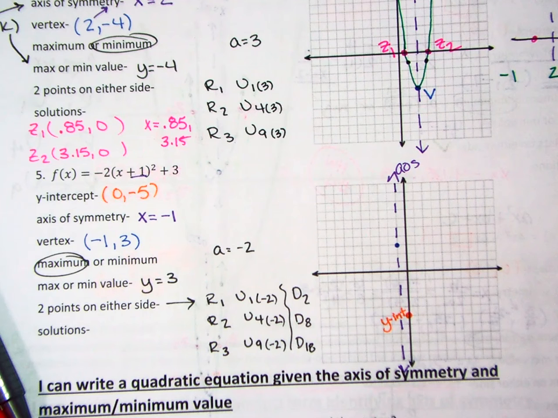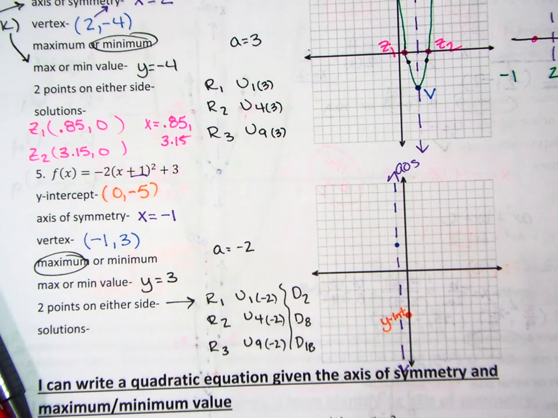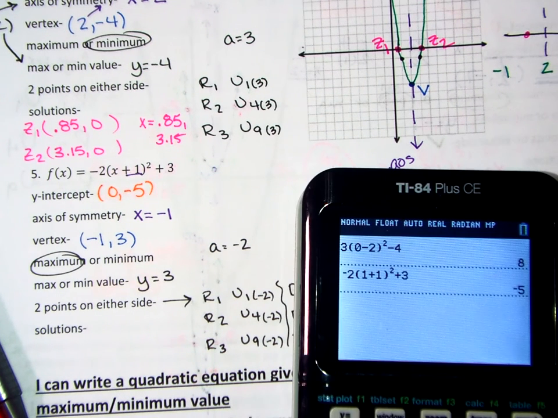What did I do wrong? Now, the reason why I know I did something wrong is because this is my y-intercept, and it's at -5. Oh, I typed in the wrong number. I didn't type in 0. I'm like, why is this not working out? Well, that would be why.